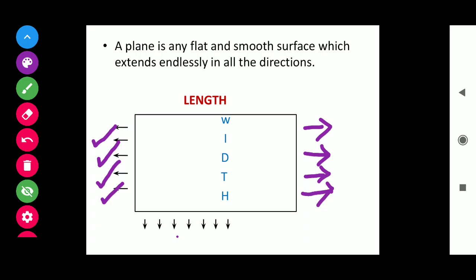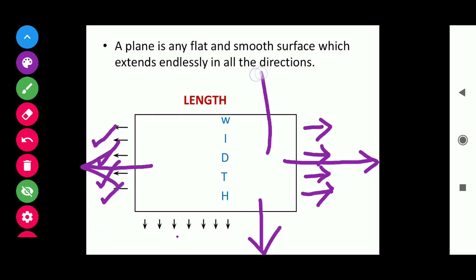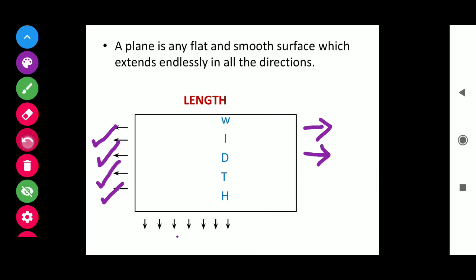It is showing this plane can be extended this side, this side, this side, and this side. So a plane extends endlessly in all directions. You can extend a plane in any direction, and as much as you want to extend, that much you can extend.